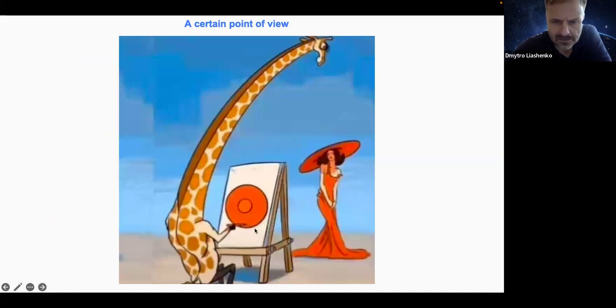You can see this picture from a certain point of view.